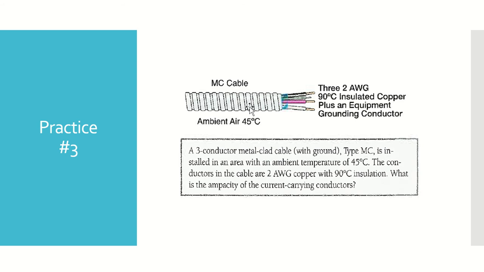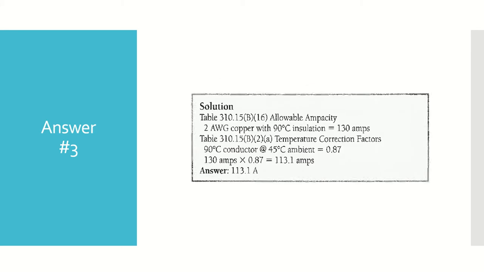So let's go back to our practice problem. Really, the only thing I'm derating for is the ambient temperature. And these are number 2s. So number 2 copper is back on table 310.15(B)(16). Number 2 copper conductor is good for 130 amps.